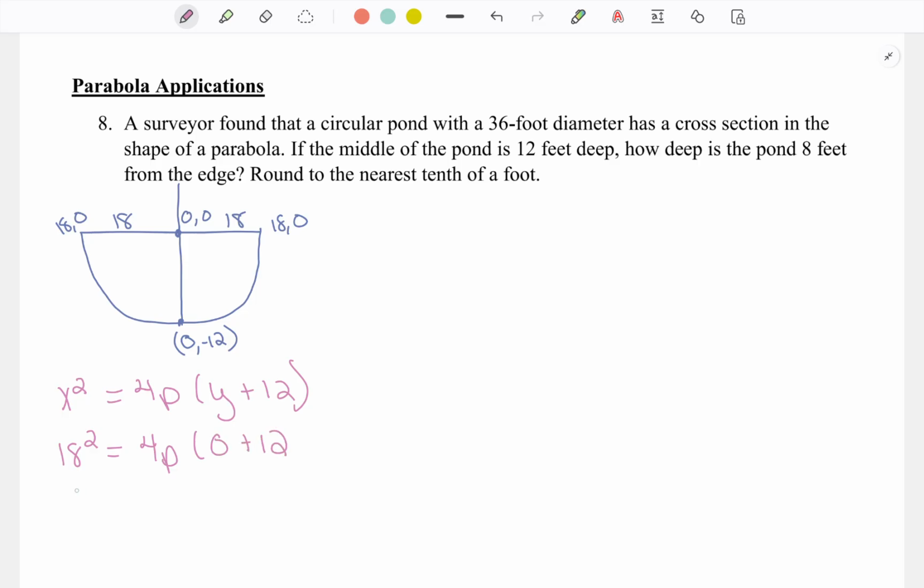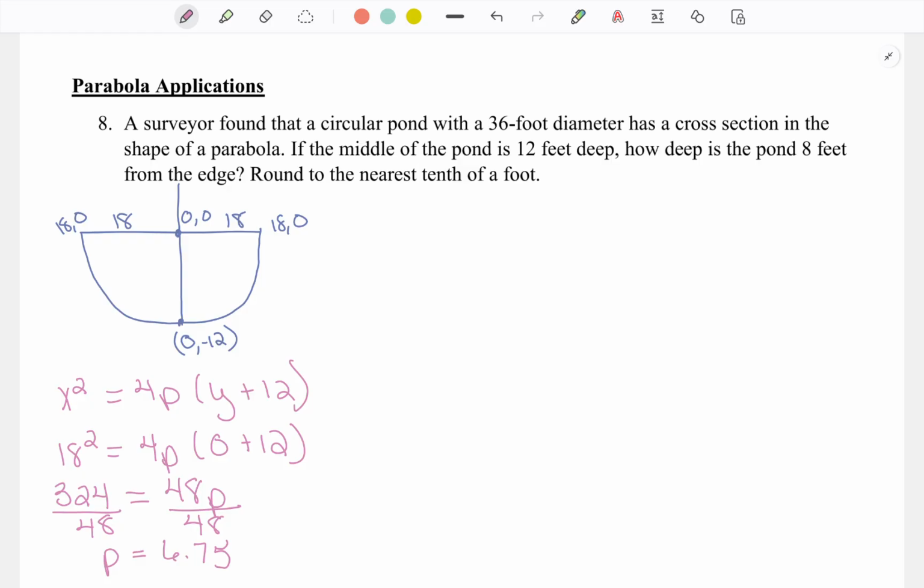So 18 squared is 324, and that is going to equal 48p. If we divide by 48, then that leaves us with p equals 6.75.